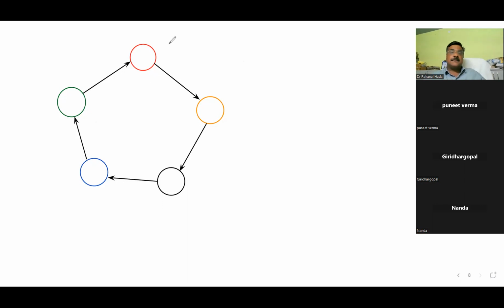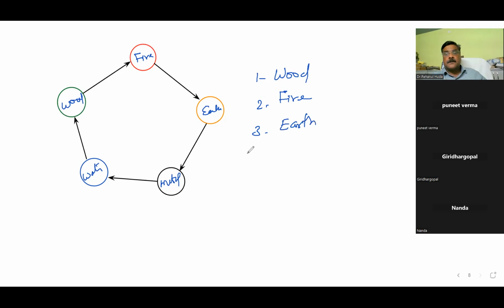So this cycle is the generating cycle. There are five elements: wood, fire, earth, metal, and water.